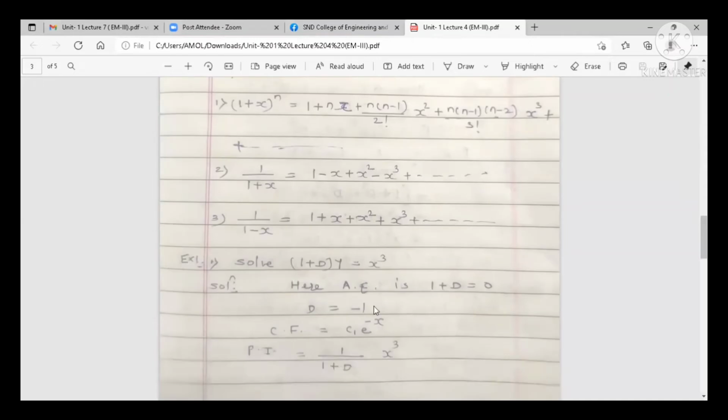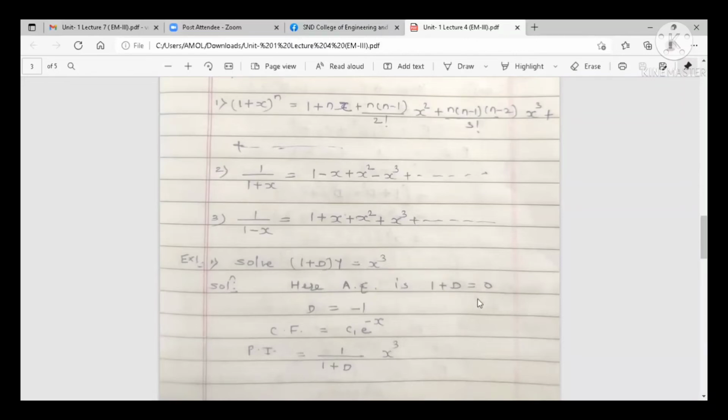Now the example to find the PI when your function is a polynomial function. See the example. Solve 1 plus D into y is equal to x cube. Here the auxiliary equation is 1 plus D is equal to 0, because the example is the reduced form of phi of D into y is equal to f of x. So your phi of D is 1 plus D. Equate it equal to 0.